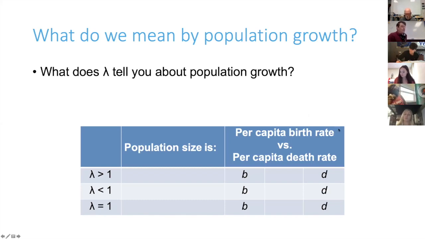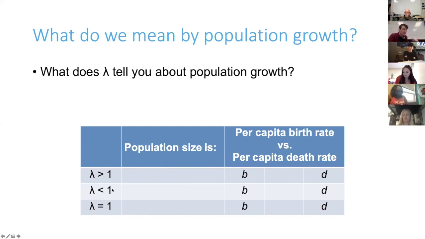So then you can ask yourself, what does the finite rate of increase and its value tell you about population growth in general? You can make predictions. So if we were to say that the finite rate of increase is greater than 1, what's happening to the population? And what's the relationship between the value for b and the value for d? The population's increasing, so b is greater than d. Good.